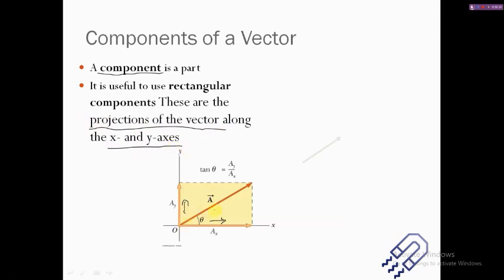If you consider this is the length of the vector, how much length has it covered along the x-axis and how much along the y-axis? So if you write ax, it represents how much distance it has covered along the x-axis, and ay represents how much distance it has covered along the y-axis. That is the representation.